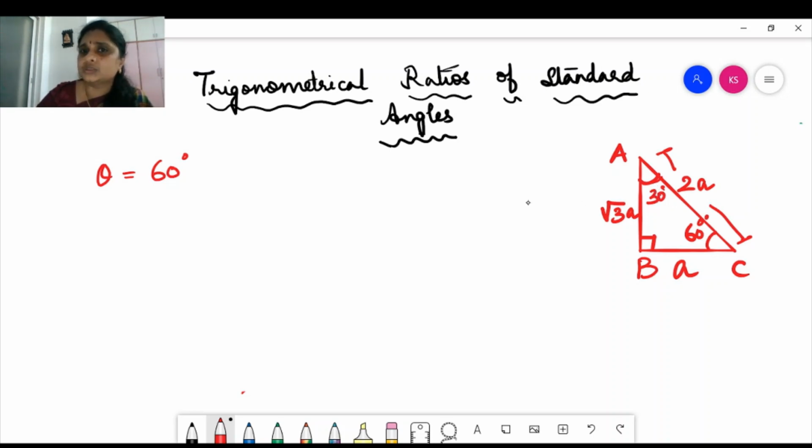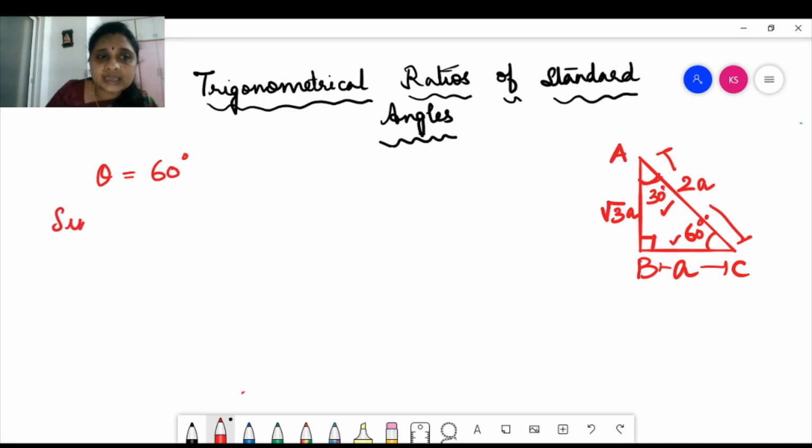You remember? Just before 45 degrees we had done this. And then the base, since it was bisected, becomes a. So I'm going to consider this triangle once again, because I have 30 degrees and 60 degrees in it. I'm going to use the 60 degrees to find the T ratios of 60-degree values now.